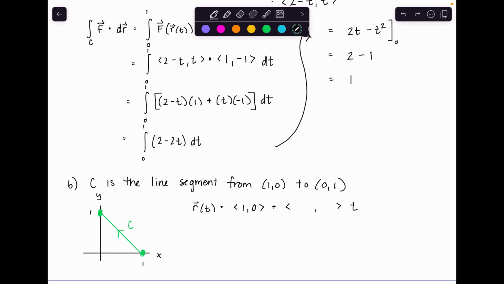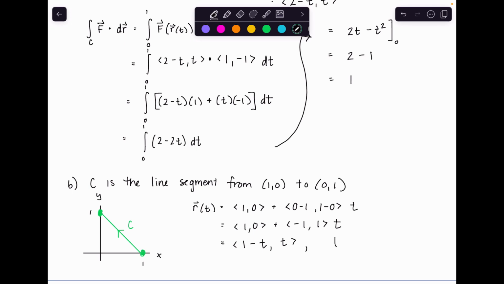So my x is ending at 1, starting at 0. Y is ending at 1, starting at 0. So that really gives me 1, 0, and then this is -1, 1, t. So combining these, that gives me 1 minus t in my first component, and 0 plus t in the second.